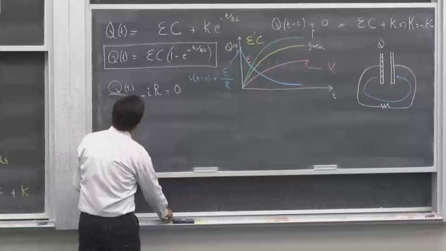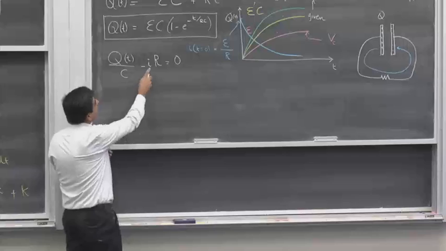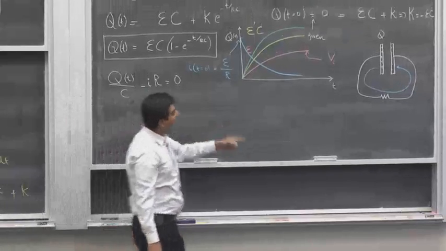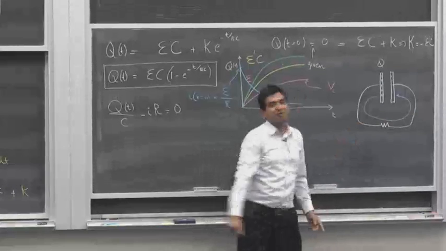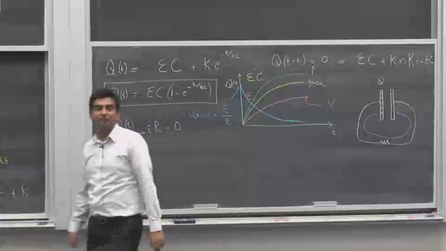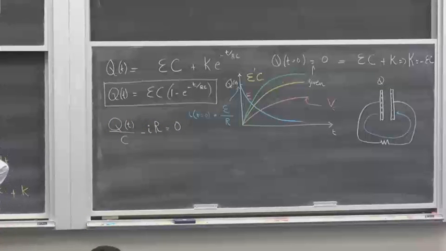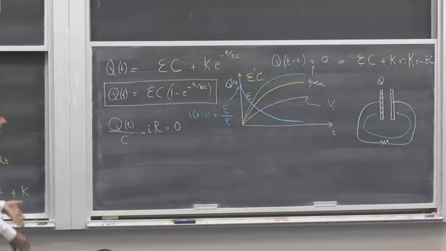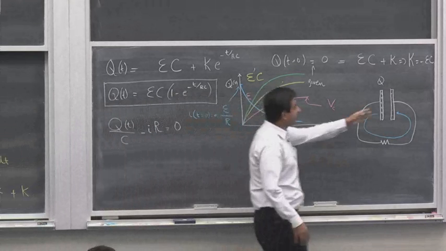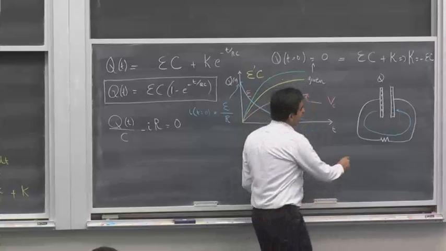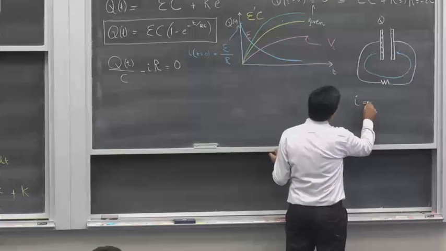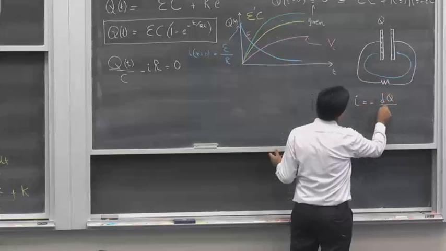Now how do I solve this equation? I have to express I in terms of Q. For this particular circuit, what's the relationship between I and Q? Is I equal to dQ by dt? It is minus dQ by dt, because current increases when the charge is depleted. So for this particular circuit, I is defined as minus dQ by dt.